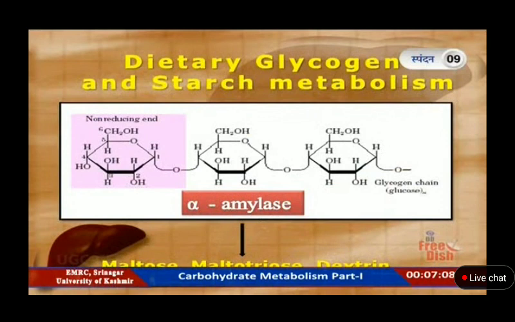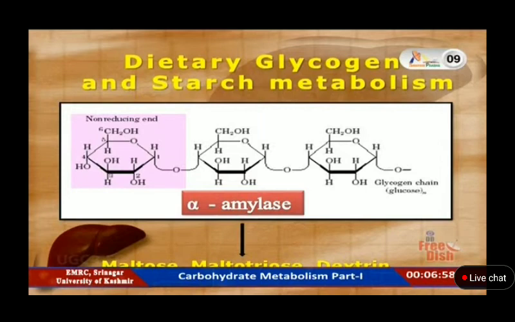Now, how dietary glycogen and starch are metabolized in our system. Dietary glycogen or starch metabolism starts in our mouth by the salivary alpha amylase. This enzyme randomly hydrolyzes the glycosidic bonds.